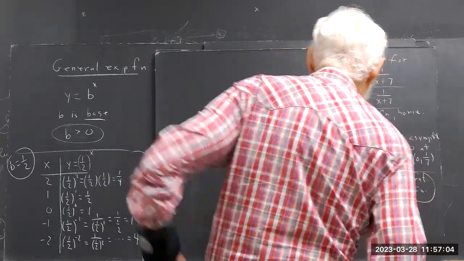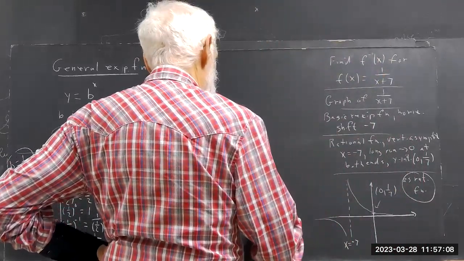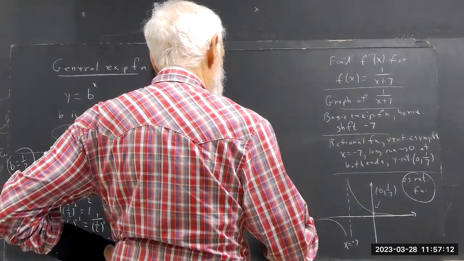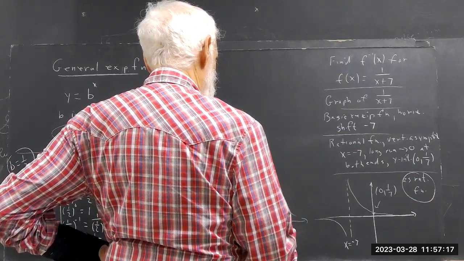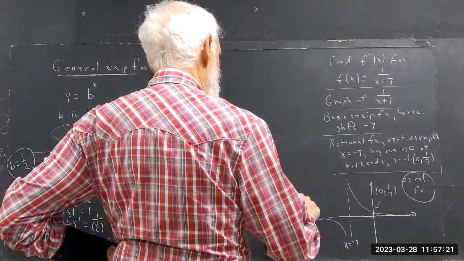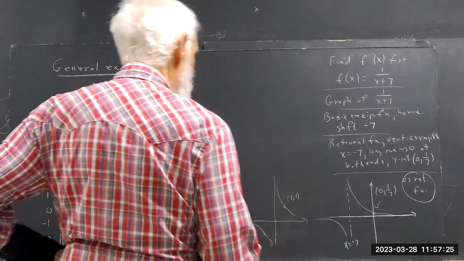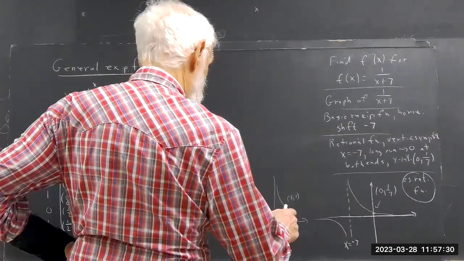This is as a rational function. If you want to graph it as a horizontally shifted reciprocal function, here's your reciprocal function. Here's the point 1, 1, and here's the point negative 1, negative 1. You shift everything 7 units to the left.